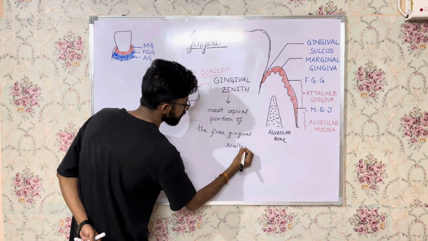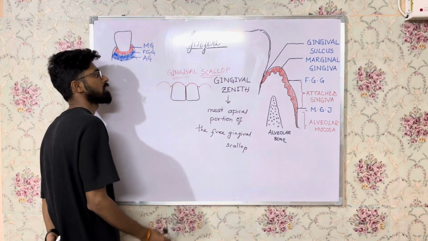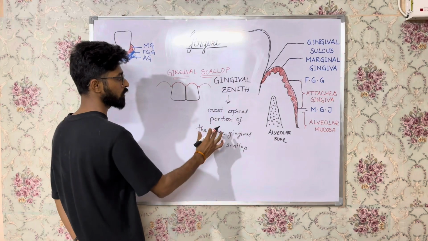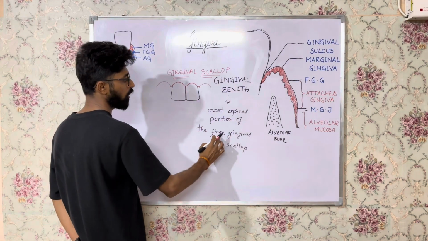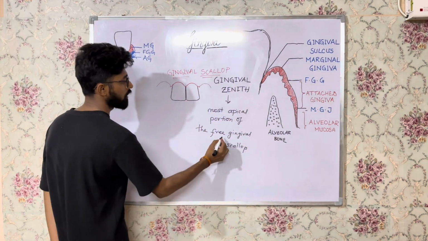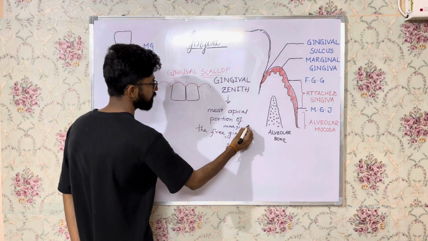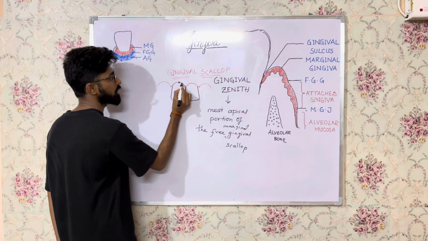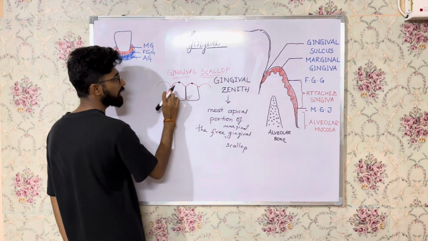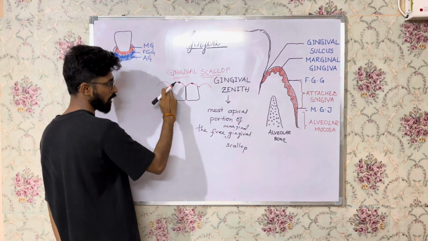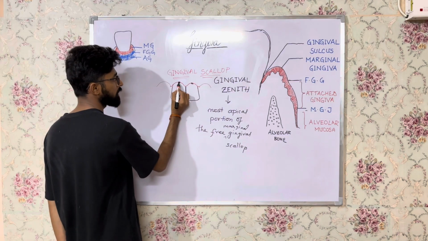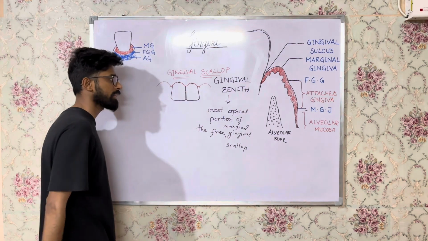This is the definition of gingival zenith: the most apical portion of the free marginal gingival scallop. This portion, the apical-most, topmost portion of this gingival scallop, is known as the gingival zenith.